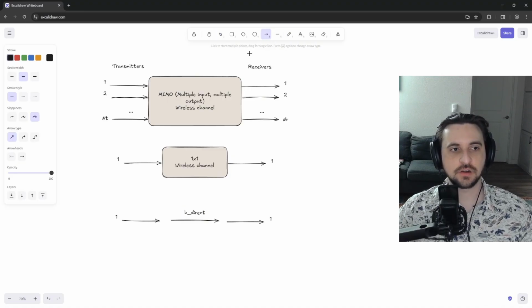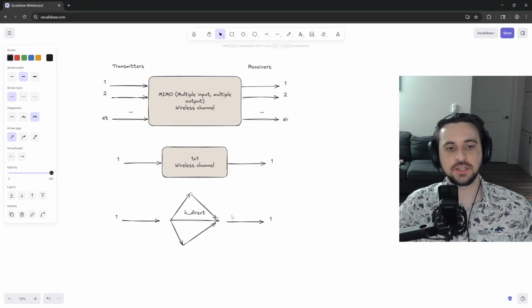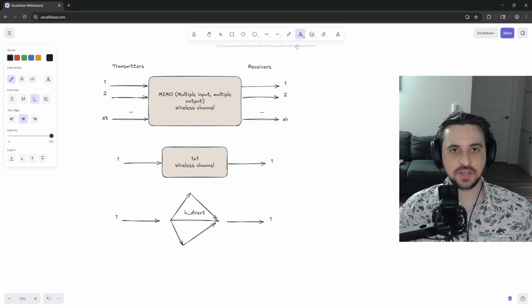But if there are even walls between them, there are still bounces of the signal, even though it's still, again, just one speaker and one listener, right? So I can get something like this. And collectively, let's denote these as H path 1 and H path 2, with the assumption that they also encode information about the bounce itself.